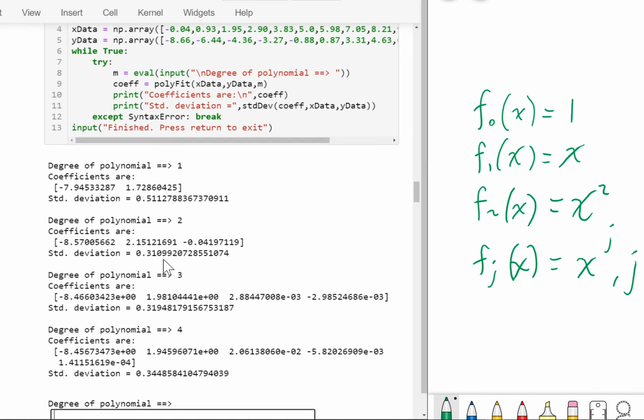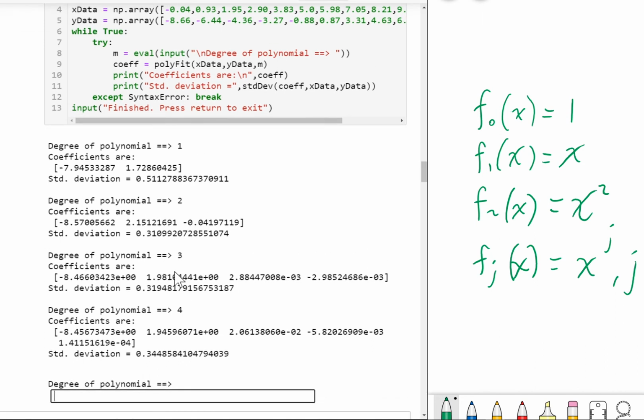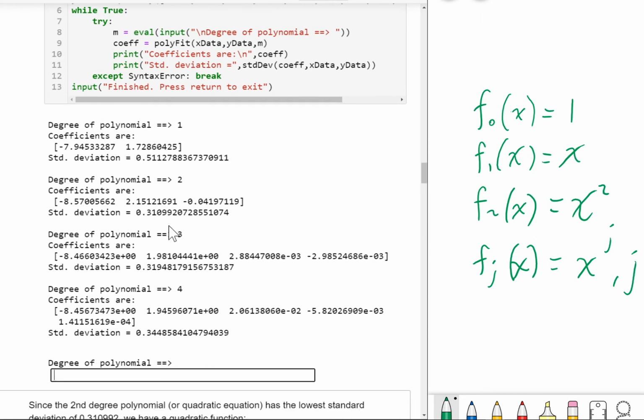Now our goal is to find the degree polynomial m. So here we can choose the second degree because we have the smallest, which is 0.3109, smallest among the four. You can proceed to 5 and so on, but it's not so practical. So you can choose among the first four.